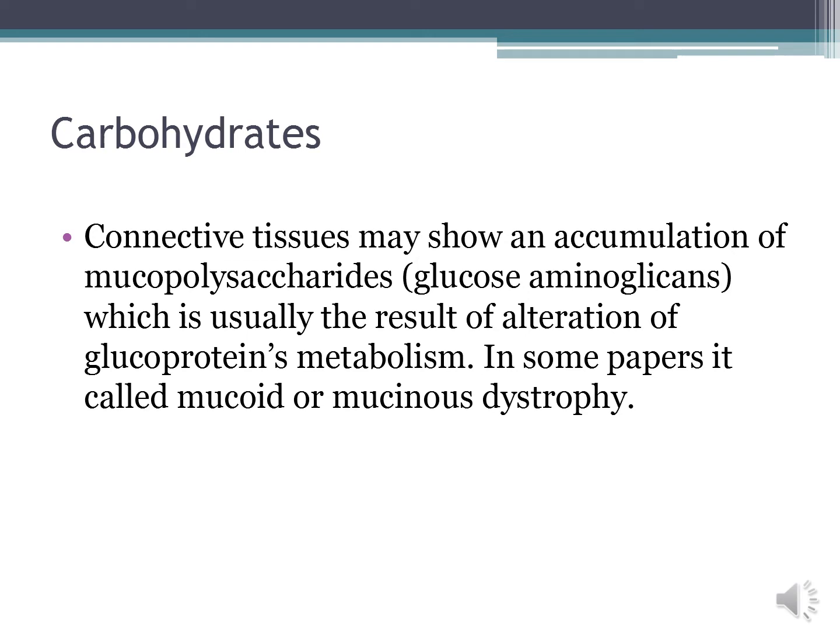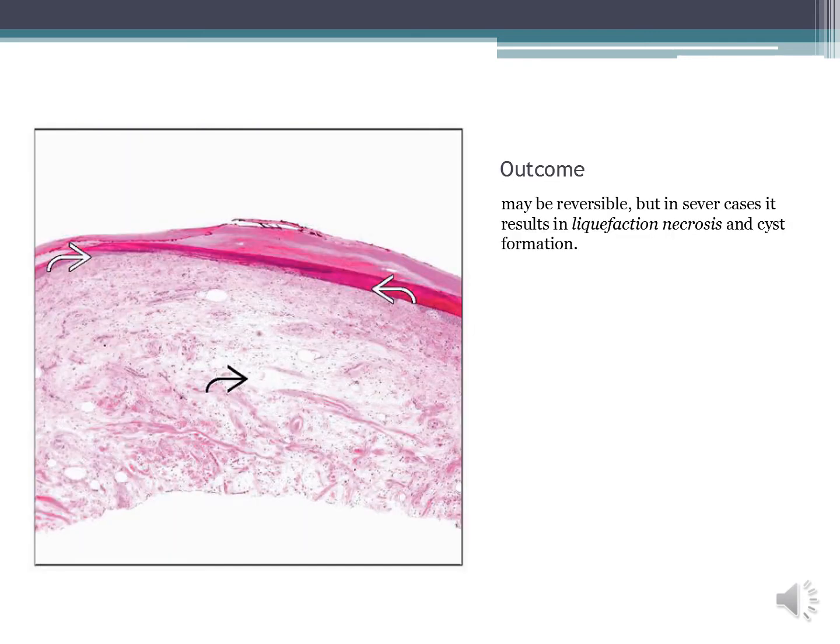In some papers, it is called mucoid or mucinous dystrophy or degeneration. The outcome could be different. For example, in some severe cases, it may result in liquefaction, necrosis, and cyst formation. Here we see such cyst formation.